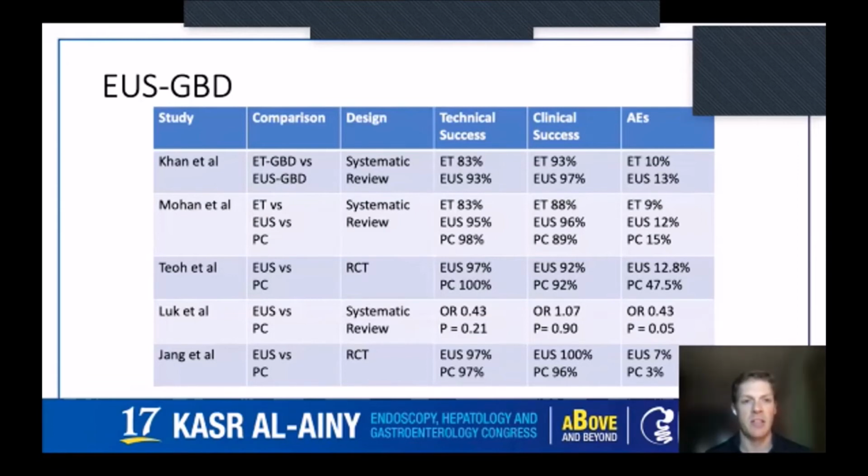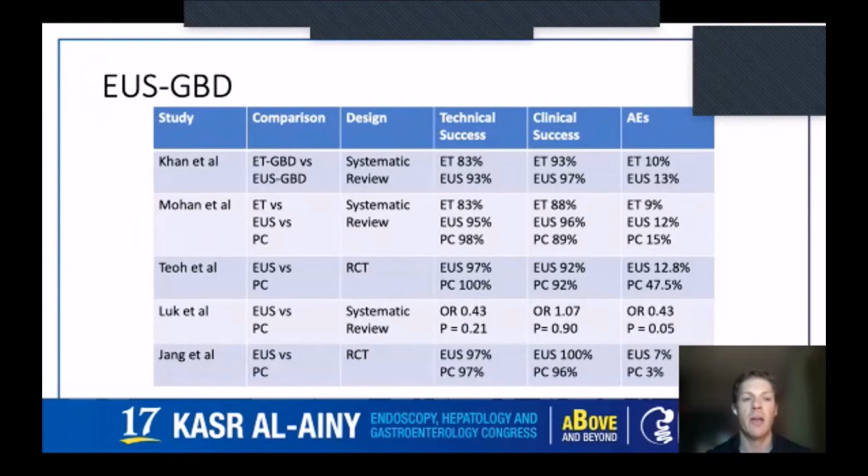What you can identify is that the technical success of EUS-guided and percutaneous drainage is higher compared to endoscopic transpapillary therapy, and the clinical success of EUS-guided gallbladder drainage is higher when compared to transpapillary and percutaneous drainage.